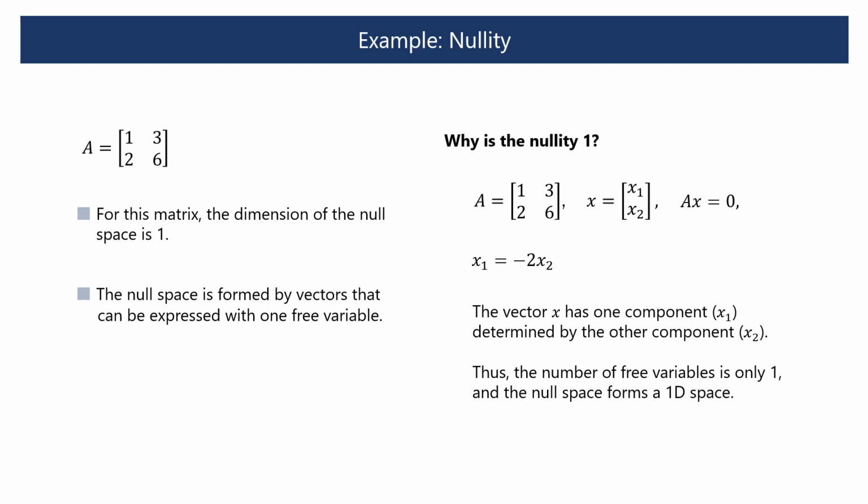Solving the equation Ax = 0, we get the condition x1 = -2x2, which means that the two-dimensional vector x has one component x1, determined by the other component x2. Thus, the number of free variables is only 1, and the null space forms a one-dimensional space.